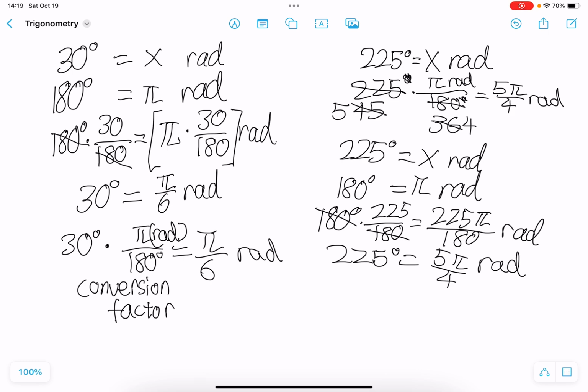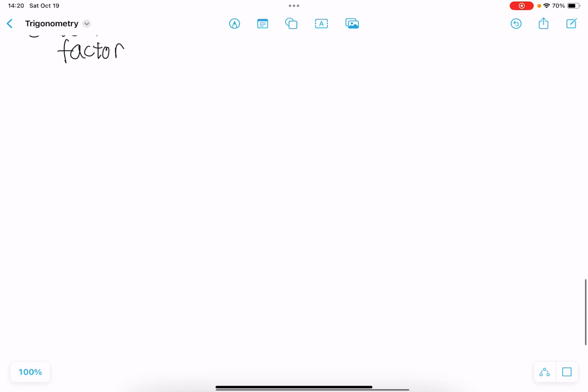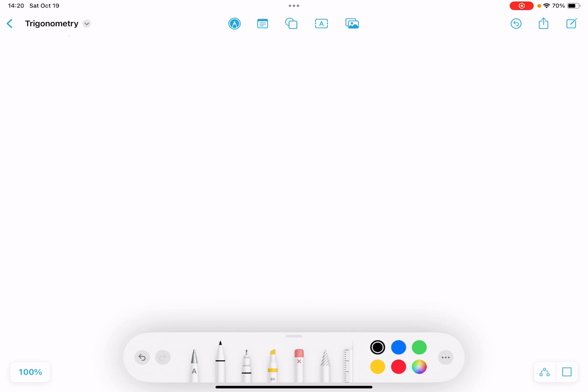Okay, what about converting from radians to degrees? Like, what if I have, say, pi over 4? Pi over 4 radians is x degrees. How do I do this? Now, the conversion factor for this is just, you can flip the conversion factor for degrees to radians.